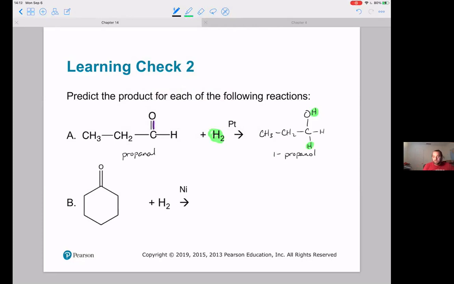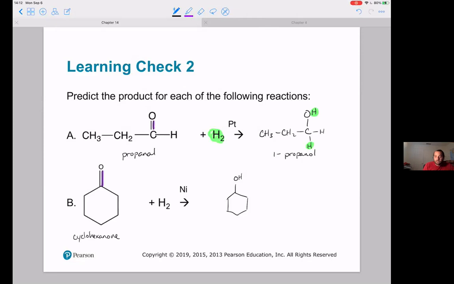This isn't what the question asked for, but it's always good to do some extra practice here. What will we call this ketone here? This would be cyclohexanone. And again, when I'm reducing it, I'm going to break one of these bonds, and I'm going to add a hydrogen to either side.